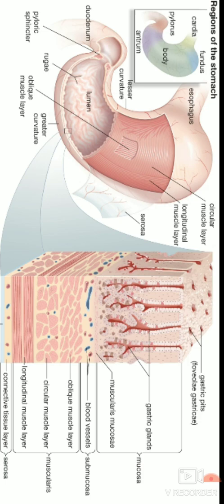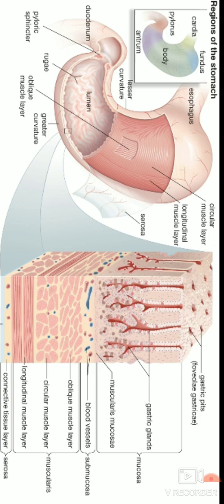Gallbladder. It is a thin-walled pyriform sac that lies on the lower surface of right lobe. It stores bile secreted by hepatic cells of liver. Bile is carried from the gallbladder to the duodenum by bile duct. It is formed by the fusion of cystic duct from gallbladder and hepatic duct from liver.